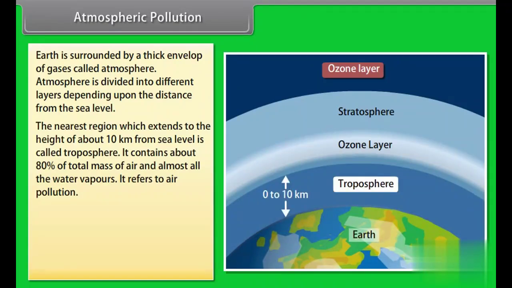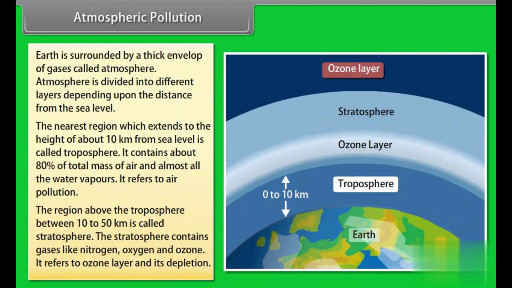It contains about 80% of total mass of air and almost all water vapors. It refers to air pollution. The region above the troposphere between 10 to 50 km is called stratosphere. The stratosphere contains gases like nitrogen, oxygen and ozone. It refers to ozone layer and its depletion.